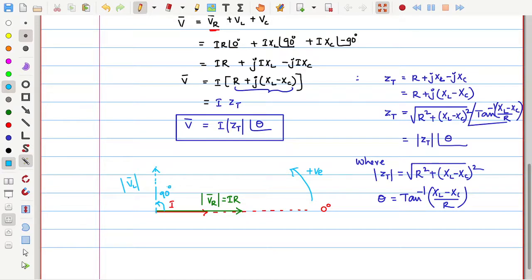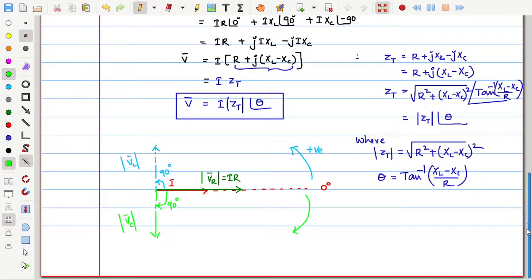Similarly, I will put up the capacitor voltage also here, but whose angle is minus 90. Minus 90 means clockwise. So here I will put up the capacitor voltage VC bar magnitude, but this is clockwise at 90 degrees. So this is the phasor diagram of this series RLC circuit.